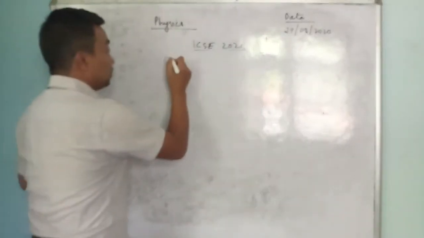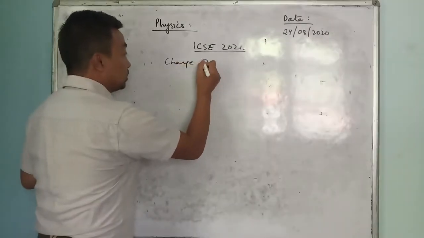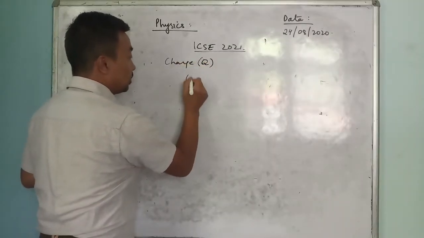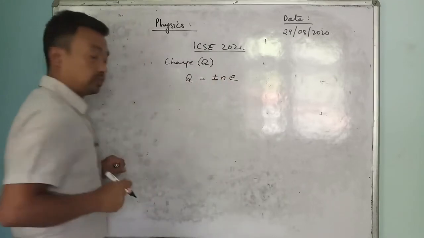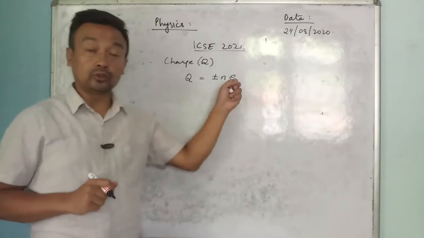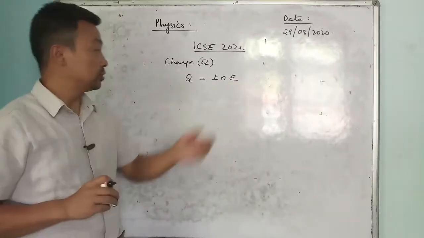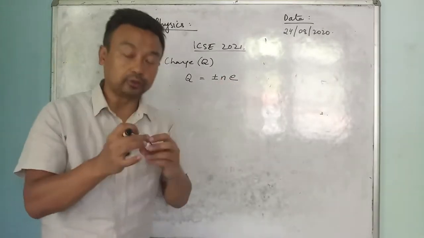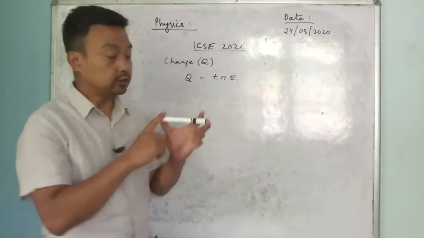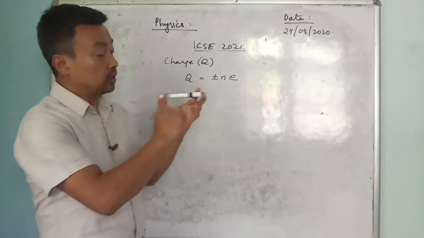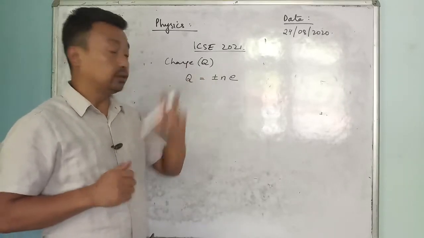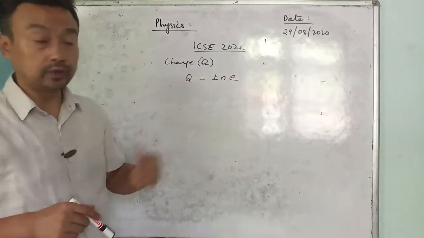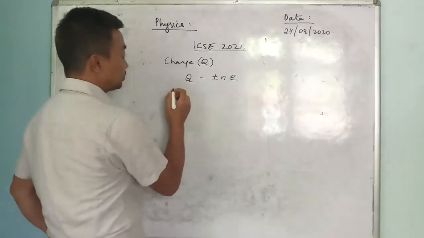The expression for the charge is given as this, where e is a single electron and N is the number of electrons present. So for example, let us take this to be a conductor. In this conductor, how many electrons are present? Plus and minus indicate the positive as well as the negative.